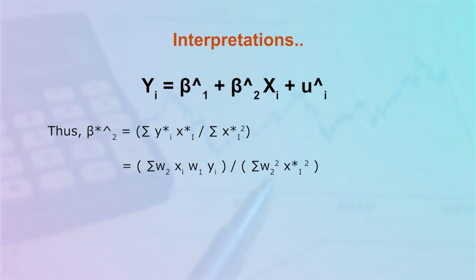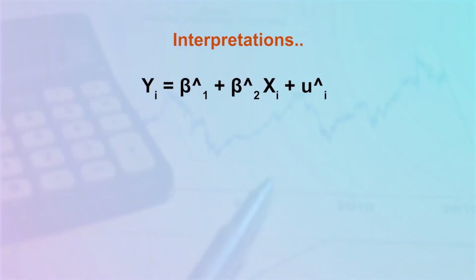After simplification, we end up with the ratio of the weights, which is the relative measurement, w1 by w2 into beta hat 2. Because this beta hat 2 is actually coming up after cancellation as the original equation, which is summation of xi yi by summation of xi square. And by taking weights outside the summation sign, we get the relative weights, w1 by w2, and that appears as step 2.